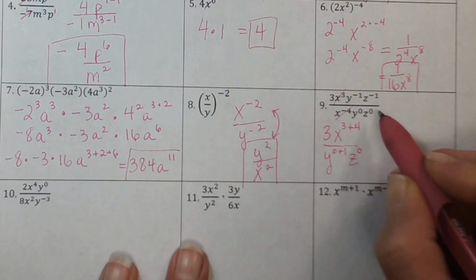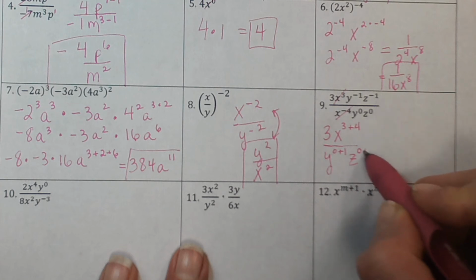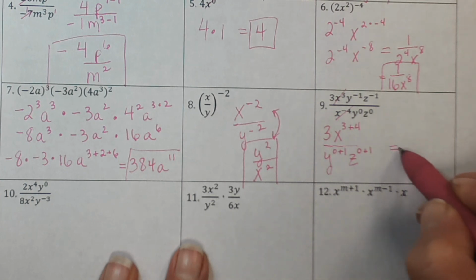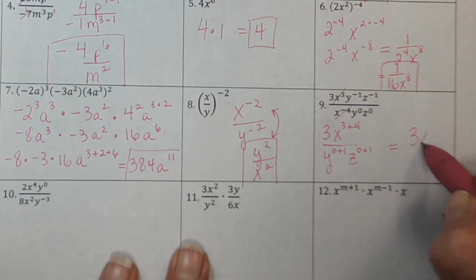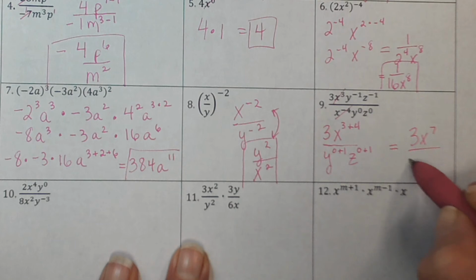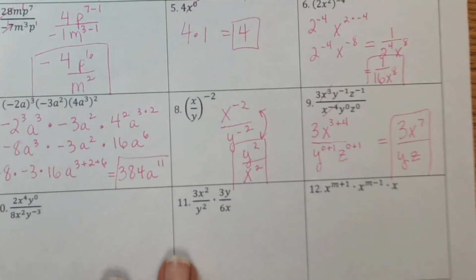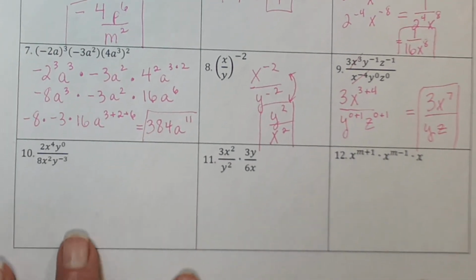So I have the 0 that's there, but when I move that -1 down to the denominator, it's going to be a +1. So I can simplify. I have 3x to the 7th over yz. And I can have an exponent of 1, but I don't really need to.